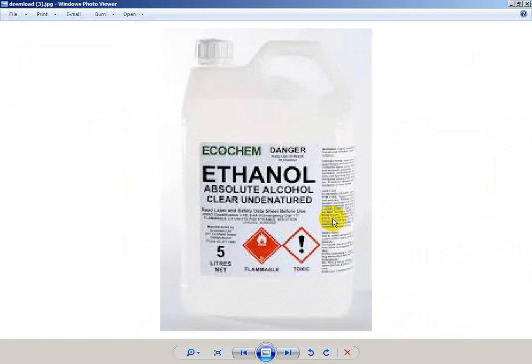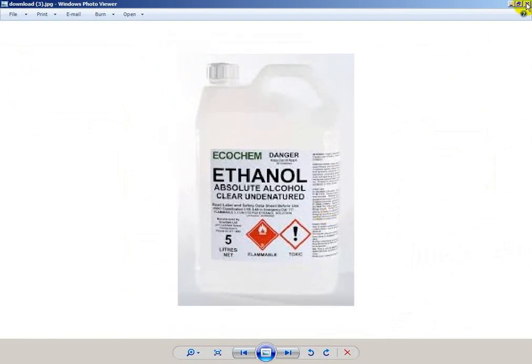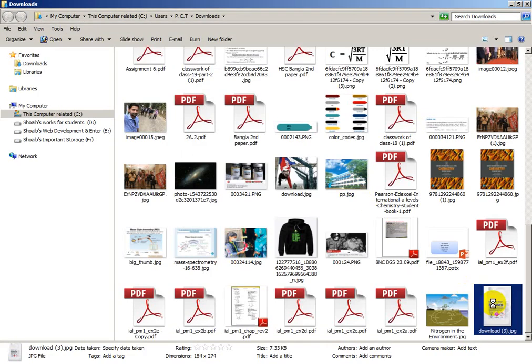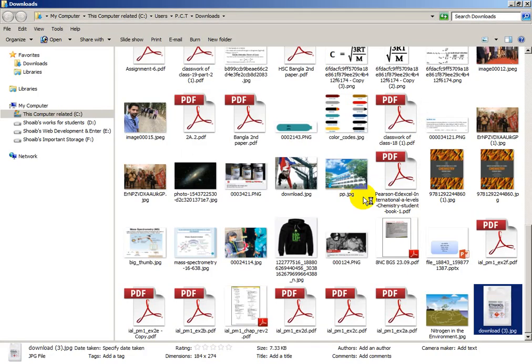Okay, look, this became zoomed. The sign is not clear. It can be shown by opening Paint.